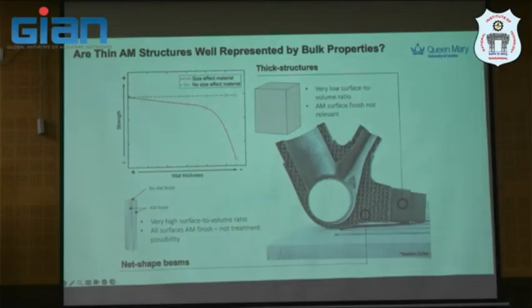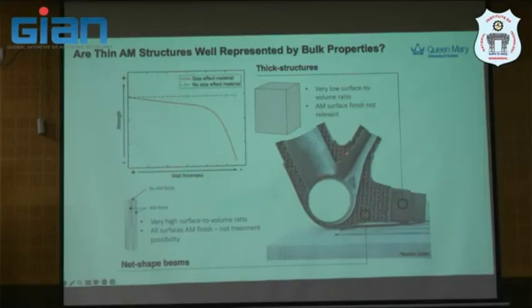Without a size effect, the strength would be uniform, right? But with the size effect, the wall thickness affects your property. Again, you need to take this into the alloy design consideration. With the thick section here, if you want to print this part, this is a kind of part like a bicycle or something like that.